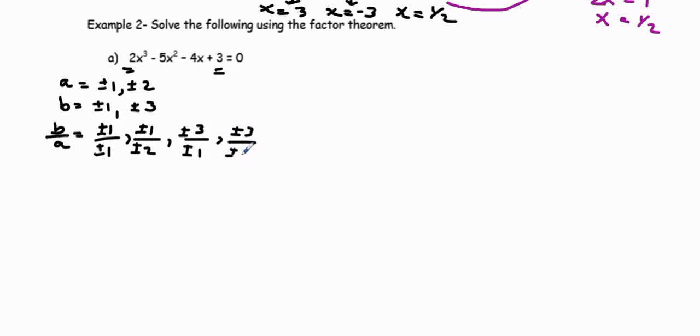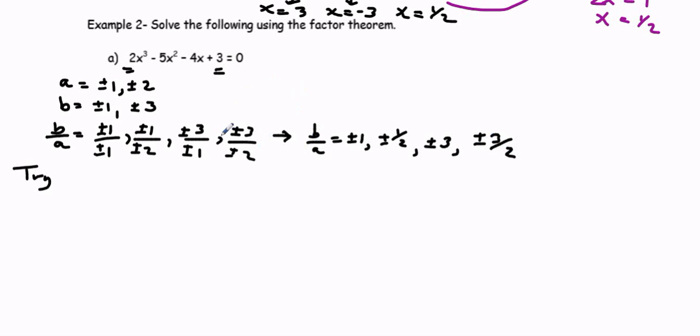And as I said in class, what we're going to try is the whole numbers first. So plus or minus 1. I mean, if you want to, you can rewrite these numbers so that B over A is going to equal plus or minus 1, plus or minus a half, plus or minus 3, and plus or minus 3 halves.